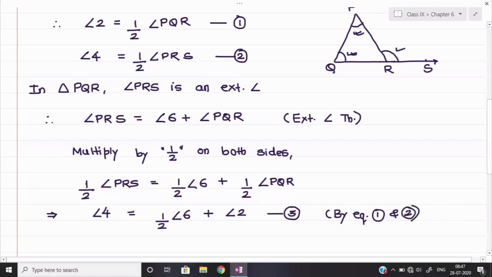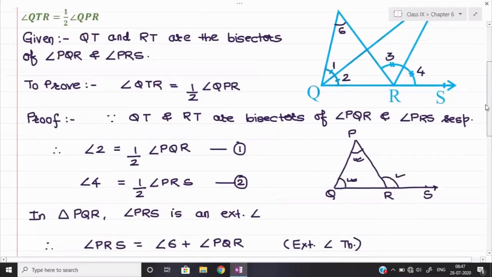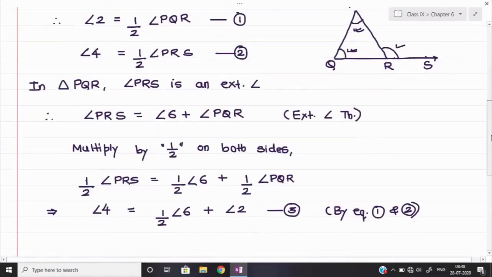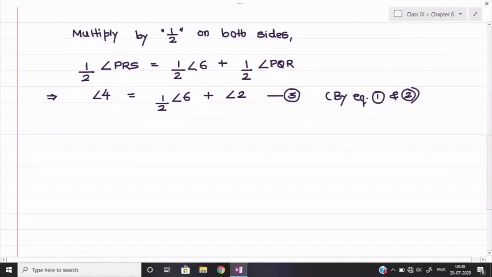Okay, now again we shall take one more triangle and we shall form the same equation with the help of the exterior angle theorem. So now we shall take triangle TQR, and QR is produced up to the point S. So here I am taking one side QR, and triangle I am taking here TQR.